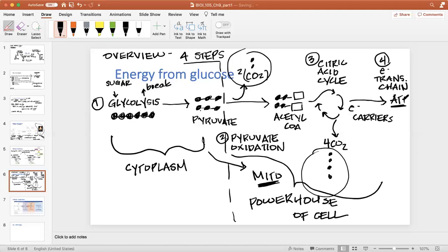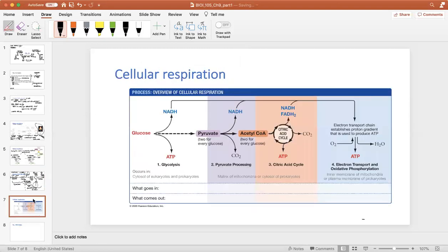Okay? So let's look at this process a little more closely. This is basically what I just drew for you, but let's walk through it together because this includes our byproducts, as well as the ATP that's being made, okay? So let's look at this a little more closely.